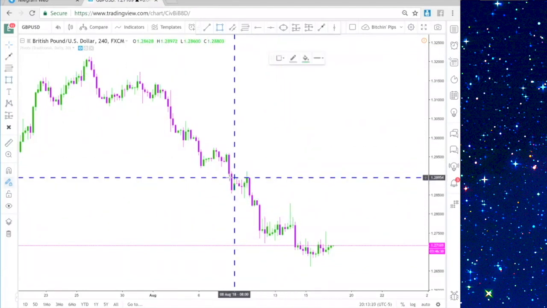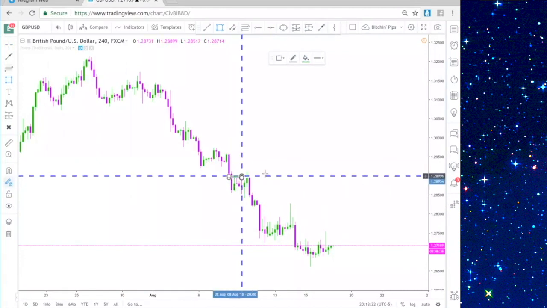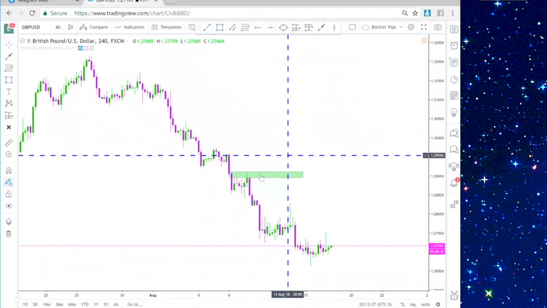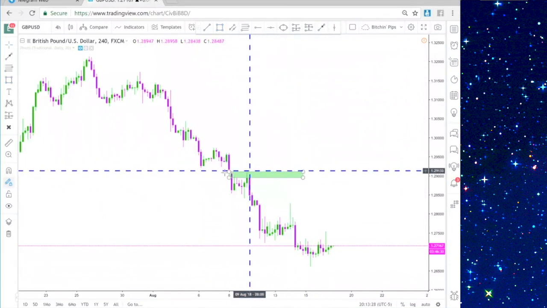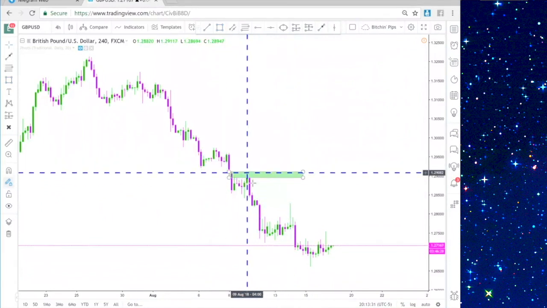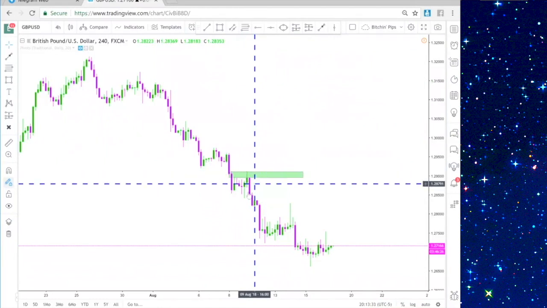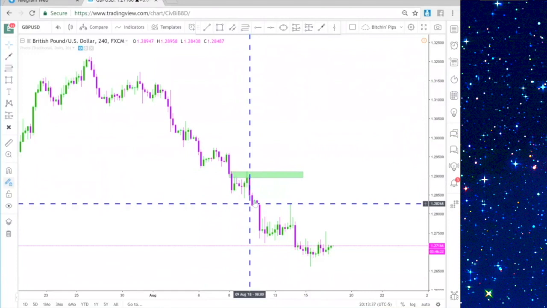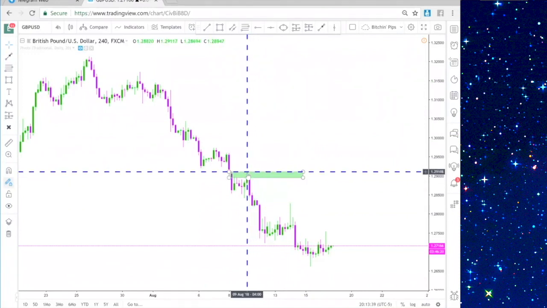So if I was looking at this resistance here, I would pull it to this wick right here, because this wick needs to break. This area here needs to break before it's bullish, because it created a new swing low. So this was where our push started.